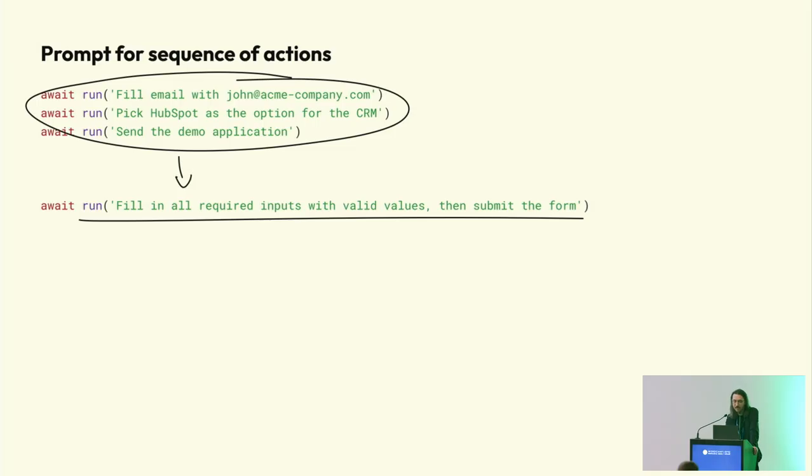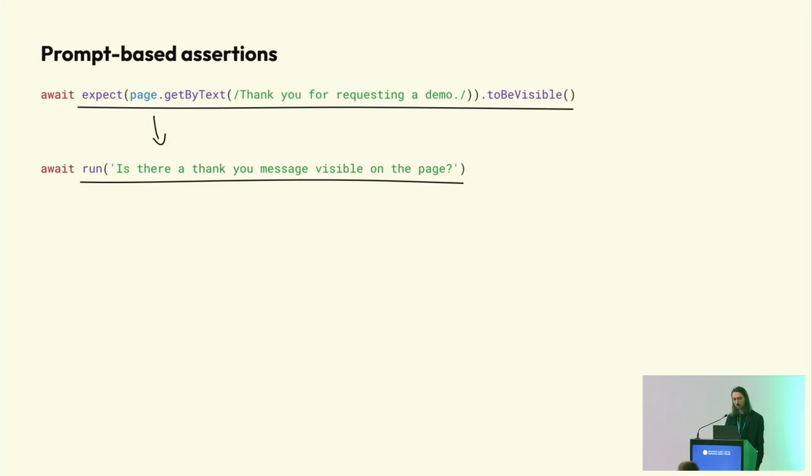Of course, if we need a specific format, for example for the phone number, we can just make the prompt a bit more specific. And the last part was the assertion where we relied on a subset of a string. We can also get rid of that and say anything that seems like a thank you message and that's visible is going to be okay.